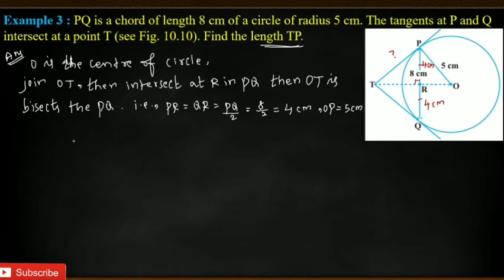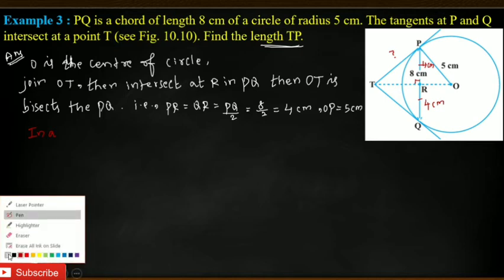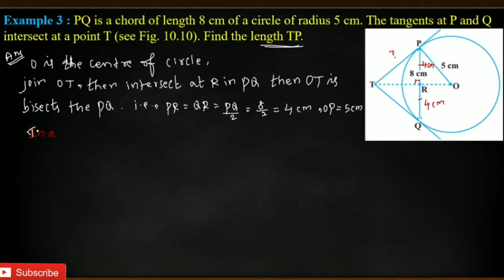You see children, first I'm taking a triangle. Sorry, this is not visible properly, let me take a different color. So in the triangle PRO, R is 90 degree.